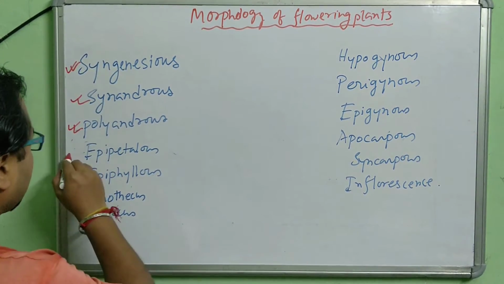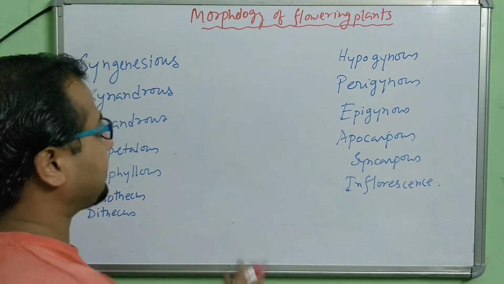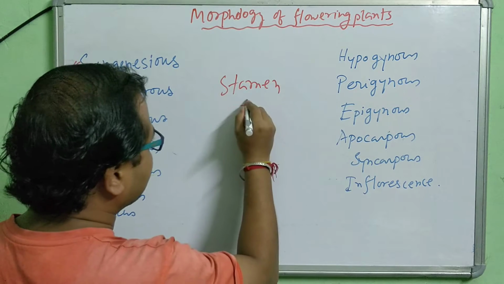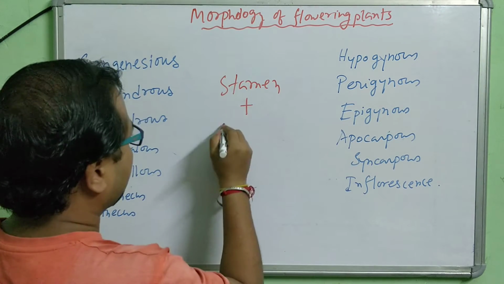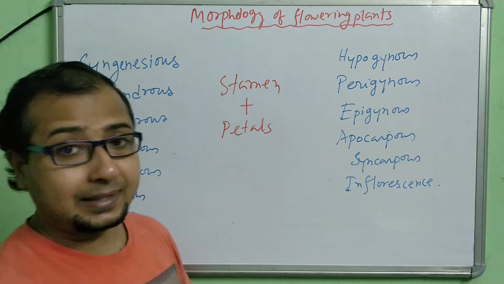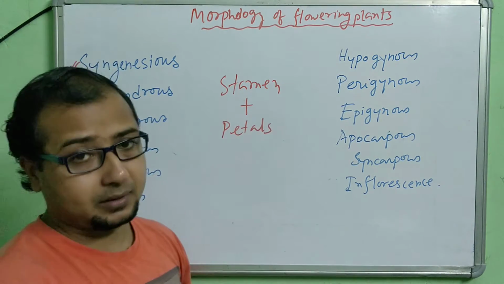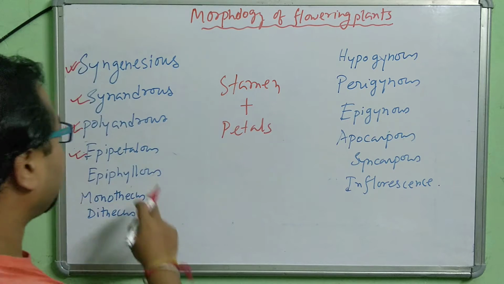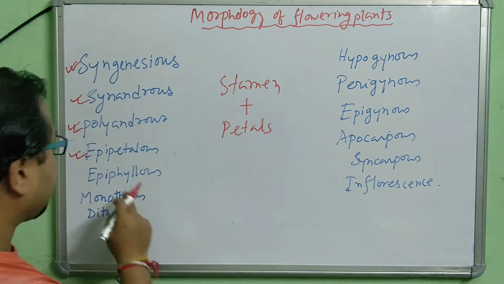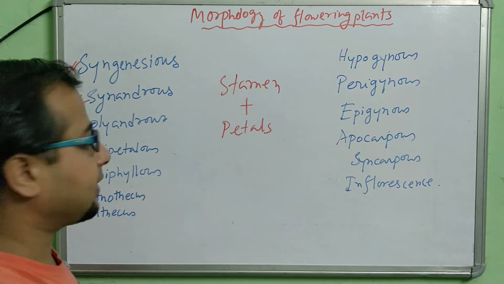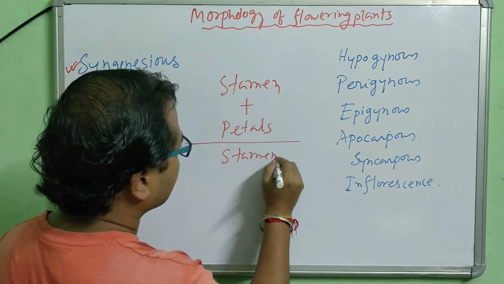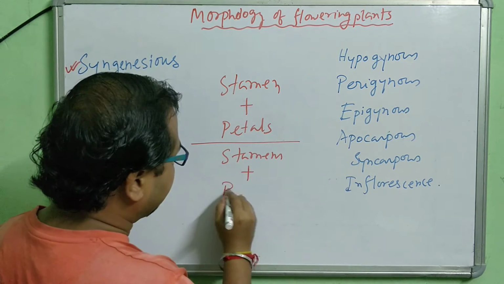Now the next one, epipetalous. What is epipetalous? Epipetalous means when the stamen is fused with the petals of the flower. When stamens are fused with the petals, this structure is called epipetalous. And what is epiphyllous? The next one. Epiphyllous is when the stamens are fused with the perianth.